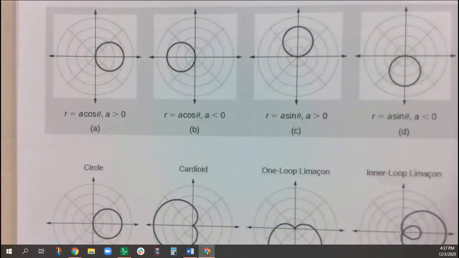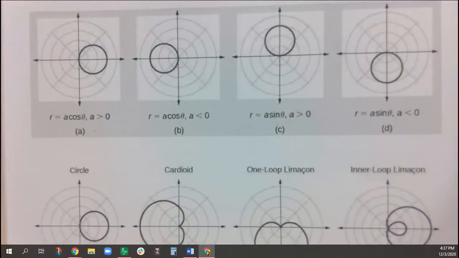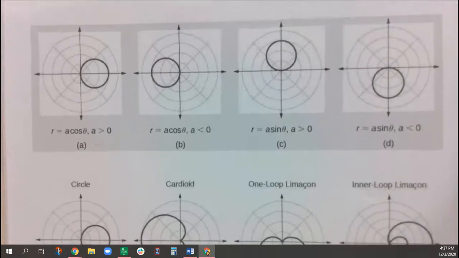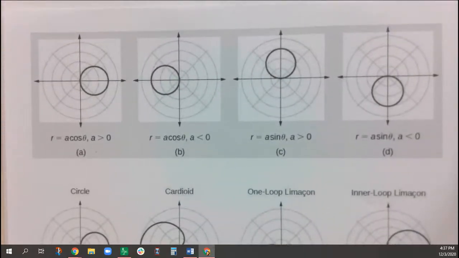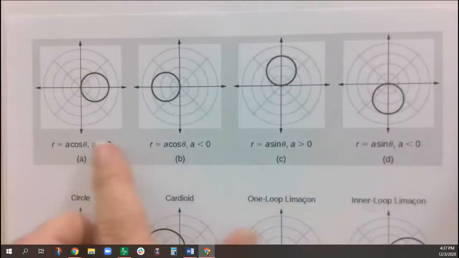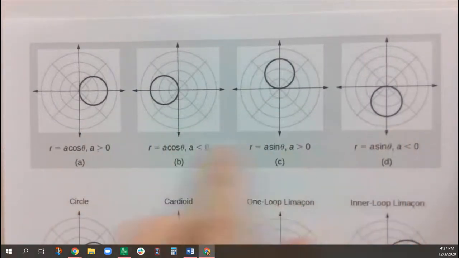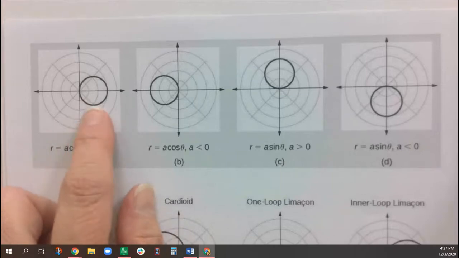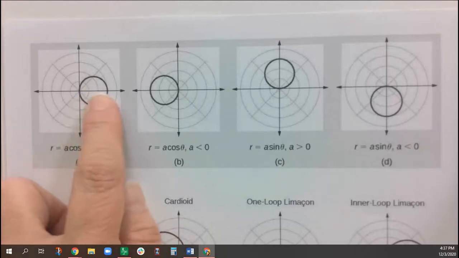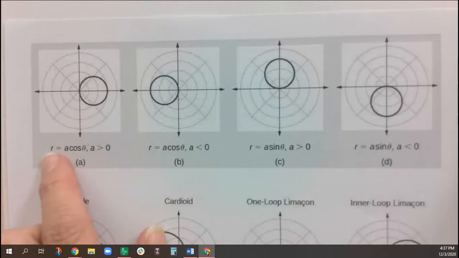So if you have picked up a packet, in there's a sheet of some common polar curves, and we're just going to look at some of these just to have an idea of what happens. In these first curves up here, you can see these are just circles. Let me start with this one. We've got a circle here centered on the x-axis. The equation for the circle is r is equal to a cosine theta, where a is greater than 0.